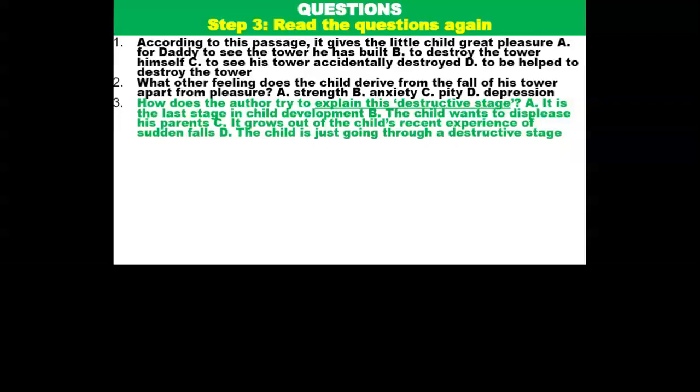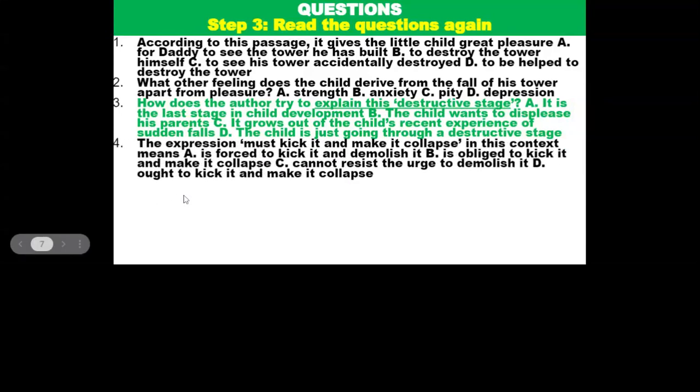And once we are convinced that there is evidence to confirm this option, then we present it as the answer, and that is the most accurate way to identify the correct answer to Jamb comprehension questions. Then option D, the child is just going through a destructive stage, and this is not what the passage is saying.